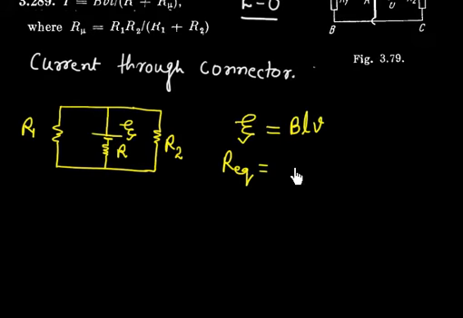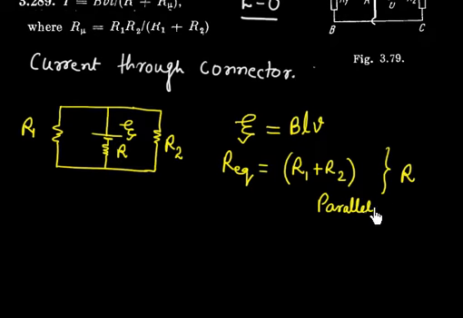Let me show you again. R1 and R2 are in parallel, and then you have R that is in series. So this whole thing is in series. Are you getting or not?